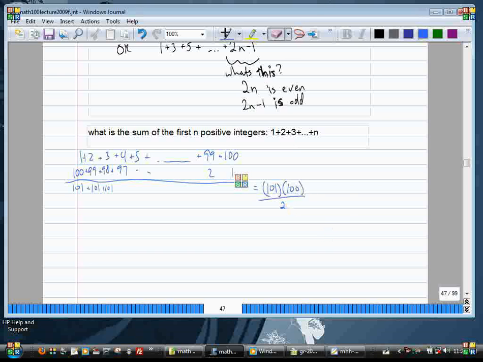So Jonathan, this is the same basic idea of what you said. It gets rid of the dangling 100 and 1 or 2 other problems. And that sum is 5,050.